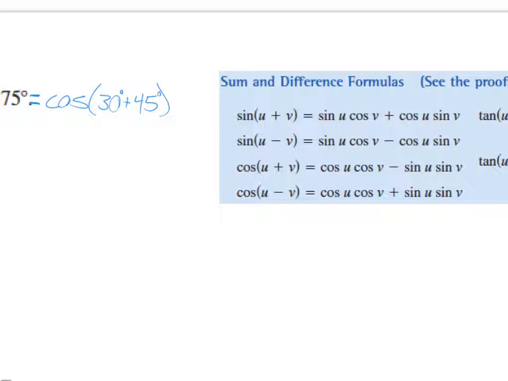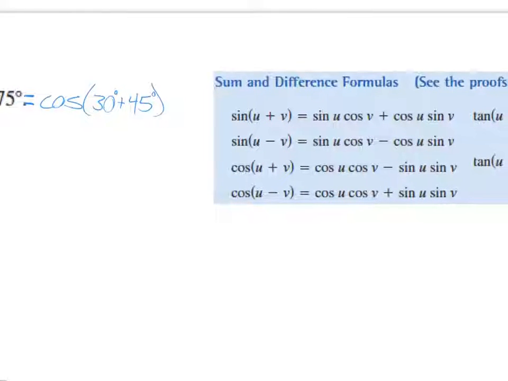That seems like a lot, but you could have done that, and then you would have used cosine of u minus v. Here's the thing: you just have to find one that works. It doesn't matter if it's the one that I would have seen, as long as they add up to 75, it'll work.